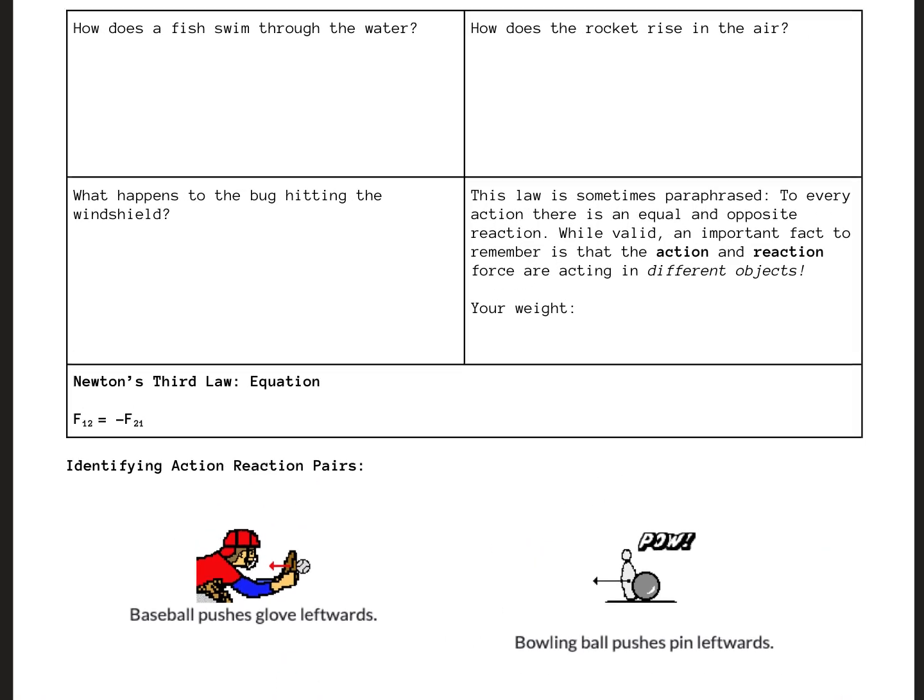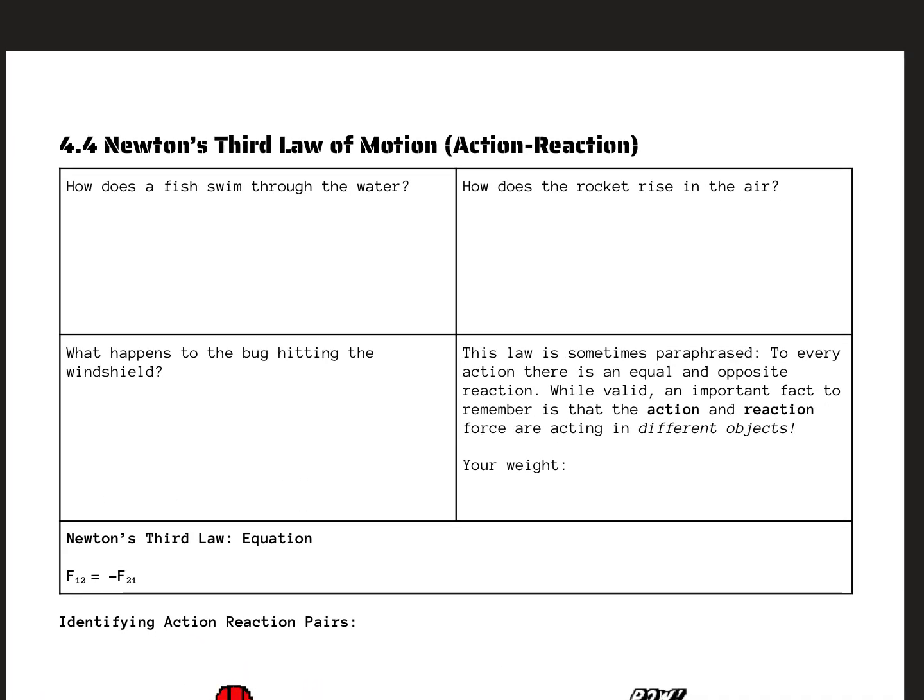The last chunk of info we'll study for today is Newton's third law, the famous action-reaction force. Before we get into how we define it, let's ask the question, how does a fish swim through the water? Mechanically, the fish pushes on water.